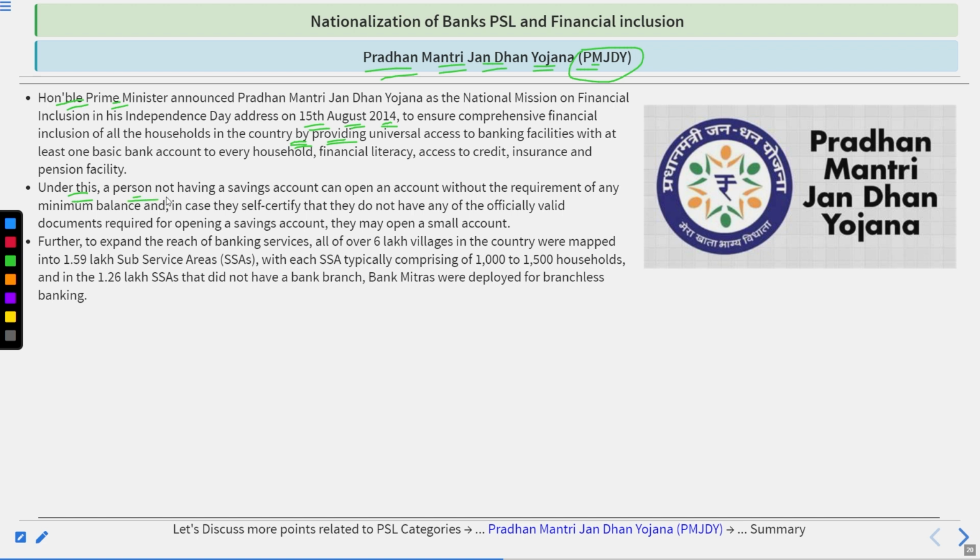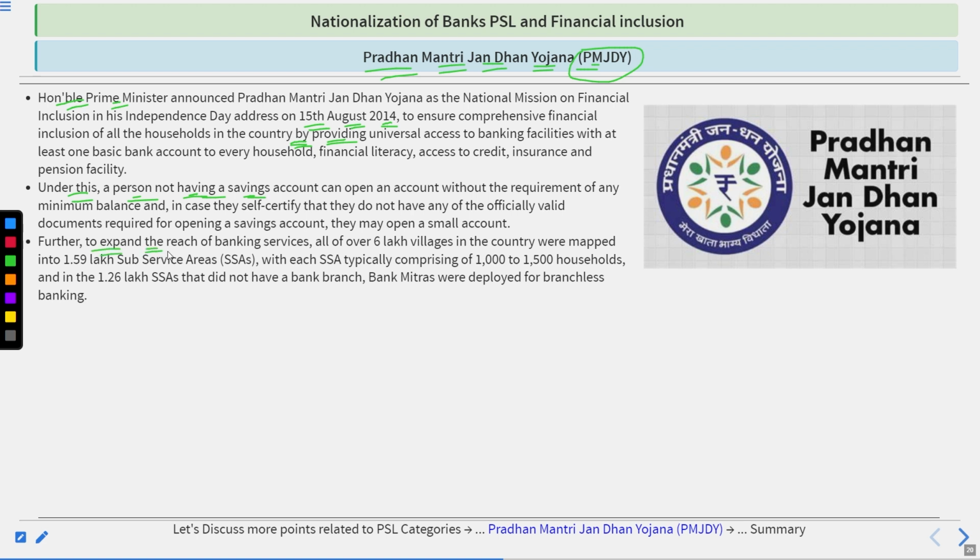Under this, a person not having an account can open an account without the requirement of any minimum balance. In case they self-certify that they do not have any of the officially valid documents required for opening a savings account, they may open a small account also.